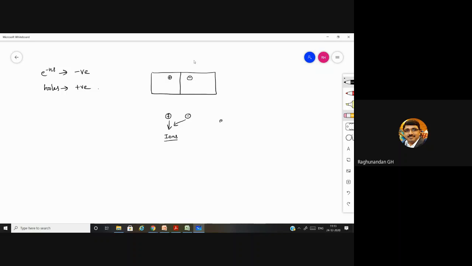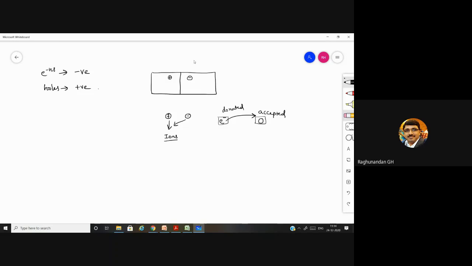When you consider an electron, it is going to leave the location. Leaving the location means we call it that the electron is donated. And in the hole, what is happening? From this particular place the electron is donated, and in this particular place the electron is accepted. The electron is given out on one end, and accepted on the other end.